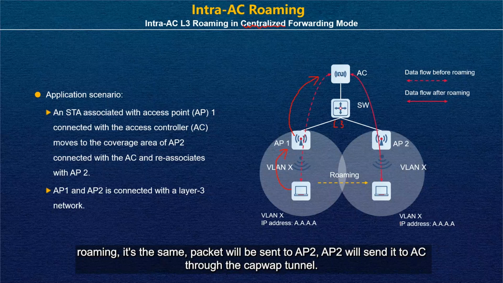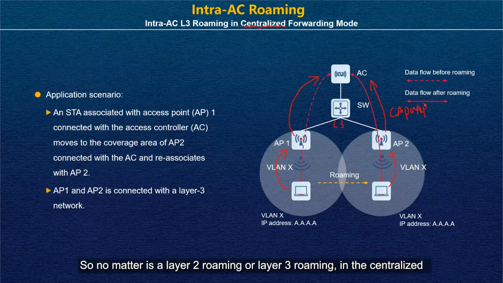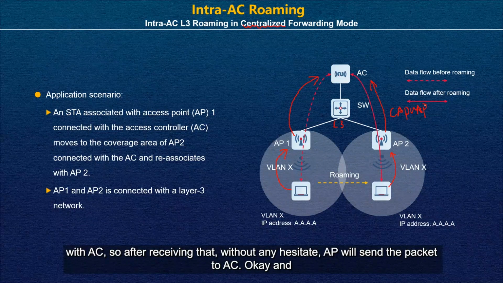Even after roaming, it's the same. The packet will be sent to AP2, and AP2 will send it to the AC through the CAPWAP tunnel. So no matter whether it's layer 2 roaming or layer 3 roaming, in centralized forwarding mode it's very simple to understand, because all the packets are aggregated at the AC. After receiving the packet, the AP sends it to the AC without hesitation.